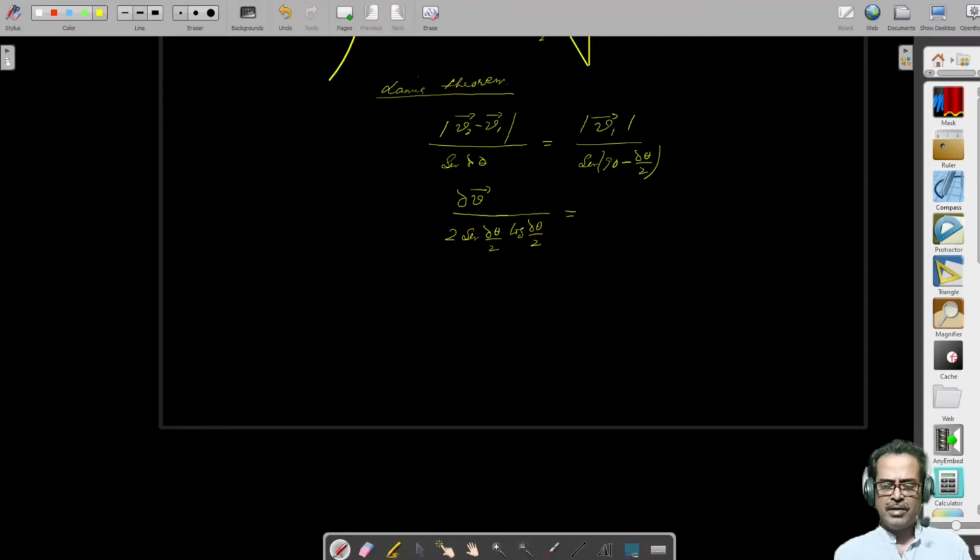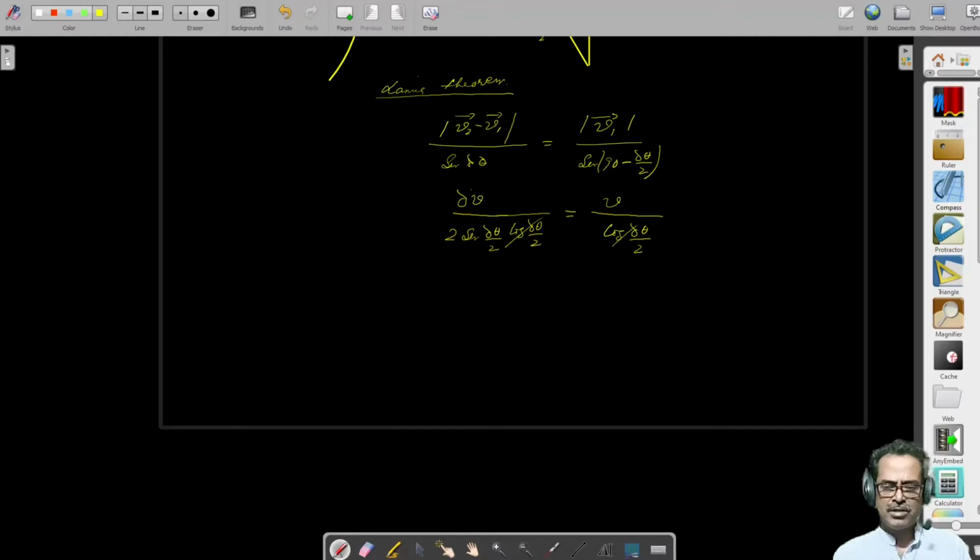And this is v, the magnitude of the velocity, cos del theta by 2.